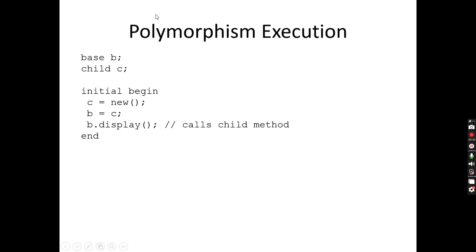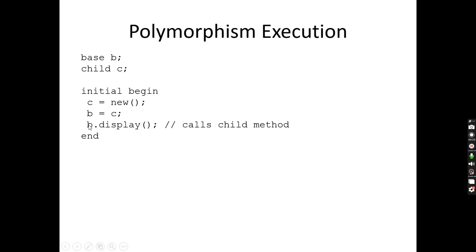Now at runtime, we are creating handles of the base class and the child class. Here we are creating the object for the child. Automatically, the methods and variables inside the base class are also created if we create the child class object. Now we assign the child class handle to the base class handle. So if you call b.display, it calls the child method, not the base method.